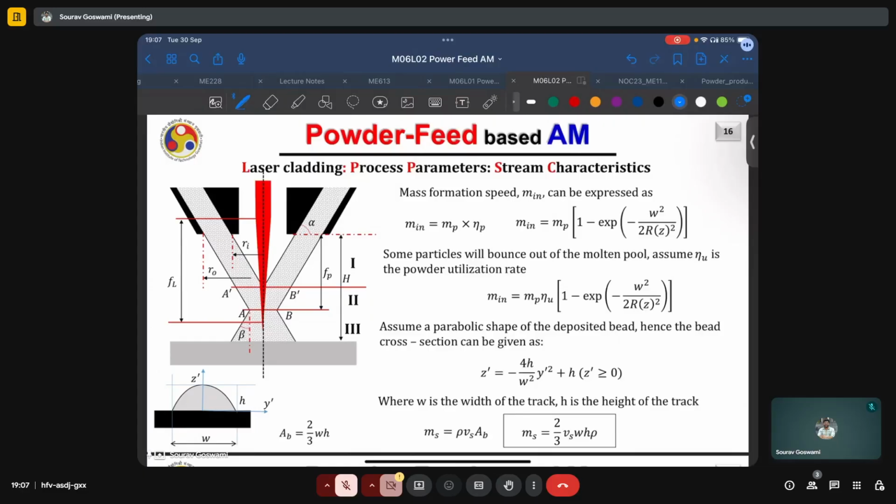And so we multiply it to the expression achieved as a correction factor. Typically, whenever we look at the video of a powder DED process, we will see lots of tiny sparks coming away from the melt pool. And these are nothing but these powder particles which are bouncing off away from the melt pool and not getting deposited.